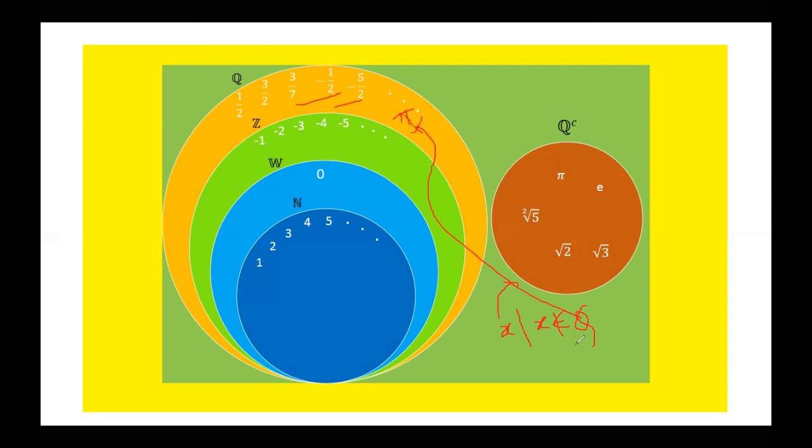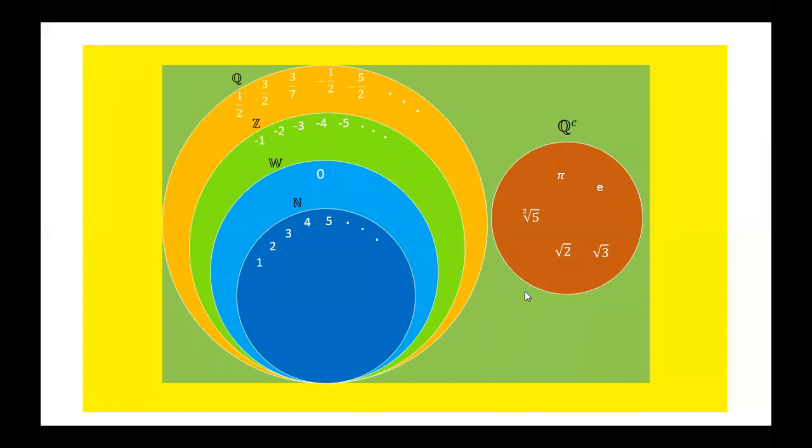That's why I have written X such that X does not belong to Q. Whatever elements are in Q, they will not be in this set, and whatever elements are in this set will not be in Q. They are different. That's why I am representing this one differently. Now, you already know about this Q complement.